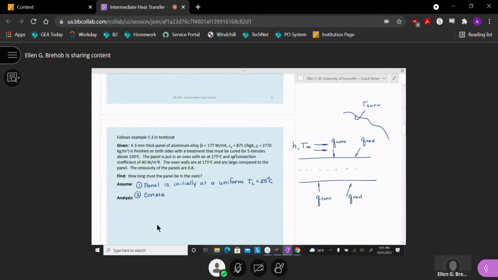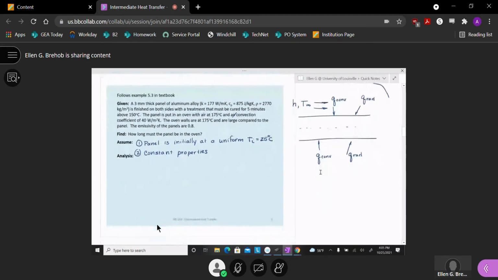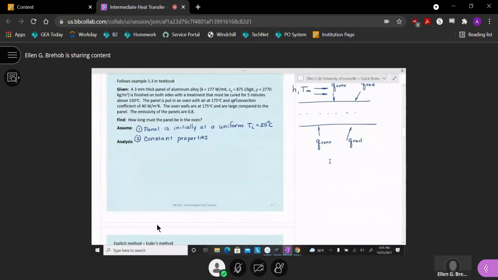We always make the assumption that we're working with constant properties. Since it's a metal plate and pretty thin, 3 millimeters, I would like to make an estimate of whether lumped capacitance might be valid.